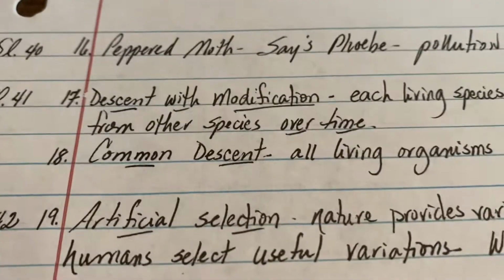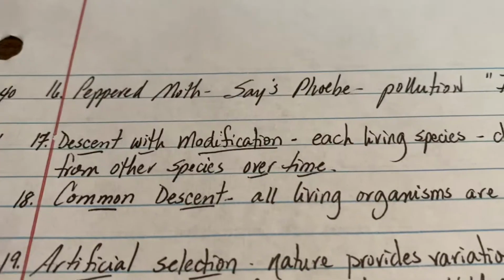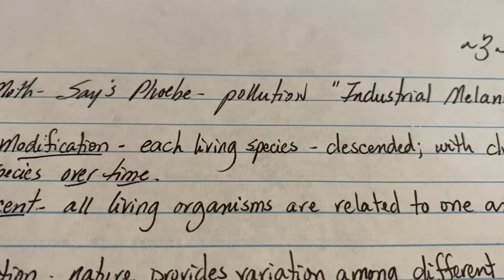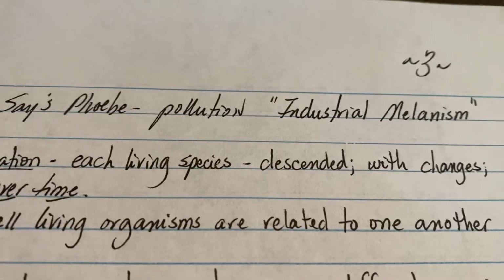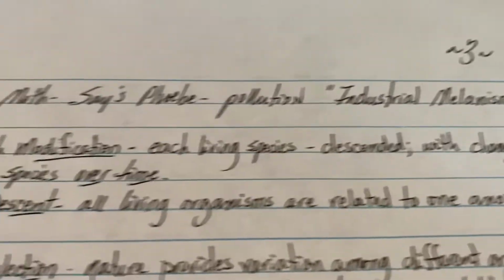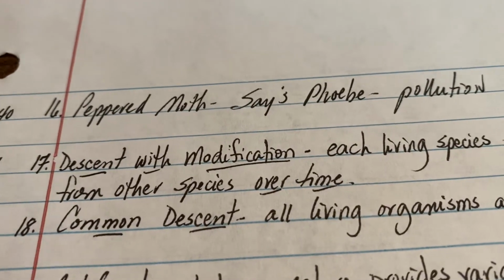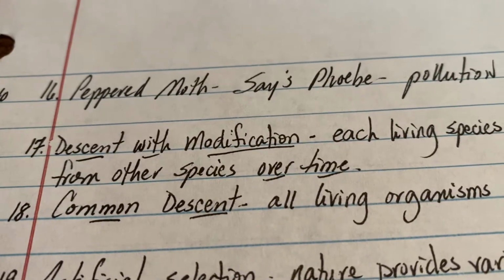Slide 41 talks about descent with modification, and what that means is that each living species is descended with changes from other species over a very long period of time.